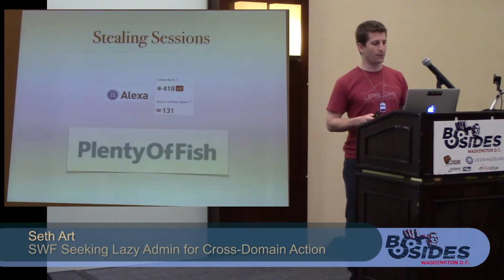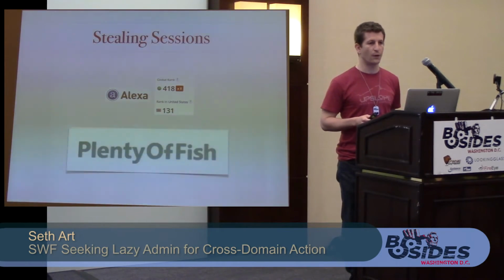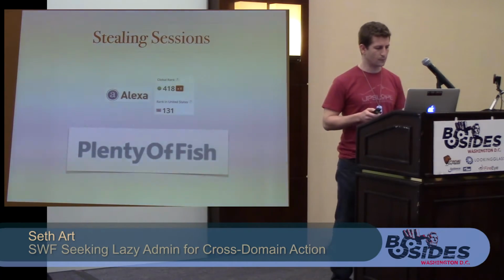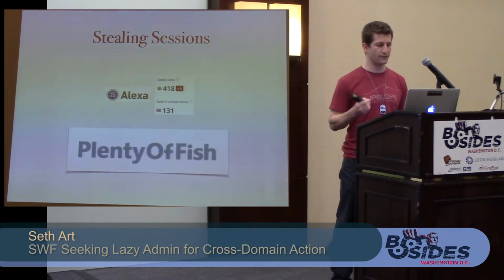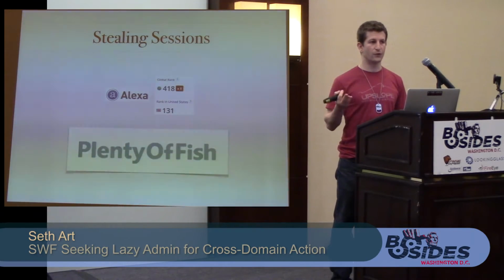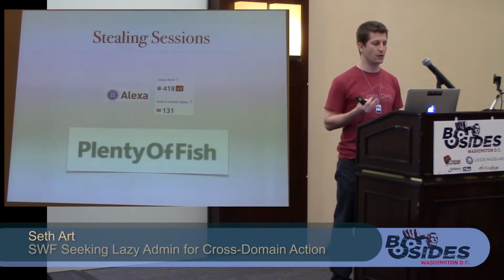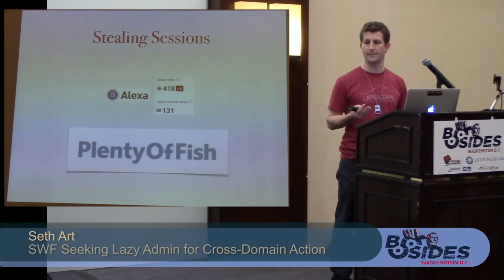So for my next example, I'll use Plenty of Fish, or POF.com. And a little story about Plenty of Fish before I get into the details of the vulnerability. If any of you have ever responsibly disclosed a security vulnerability before, you know that the best practice is to send an email to the security@ and support@ email aliases of that organization.